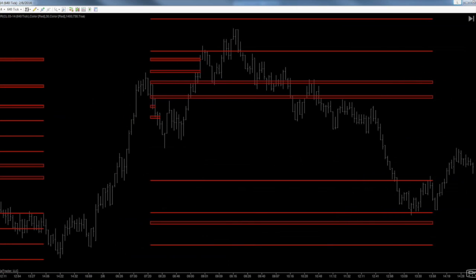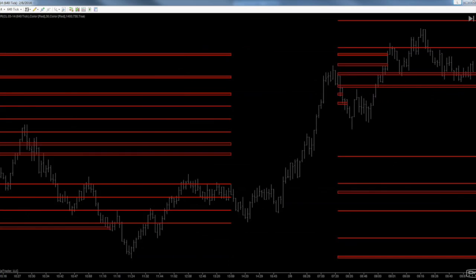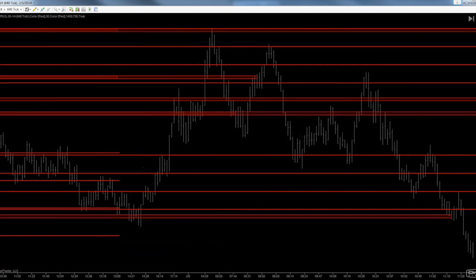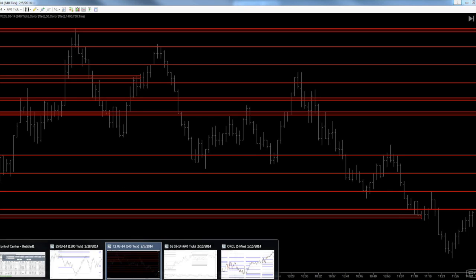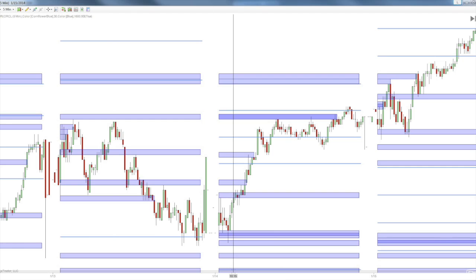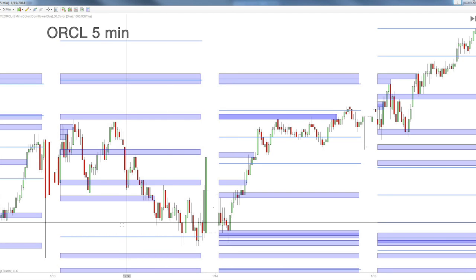Here's a wider range day, and again you can see once the levels are broken they disappear unless it's intraday. So you can see price respecting these prices on crude oil as well. Very, very simple, straightforward interface. Here's stocks, Oracle. Here you can see this is a heavier level of resistance, darker line, but you also have the lighter lines, intraday lines on stocks.